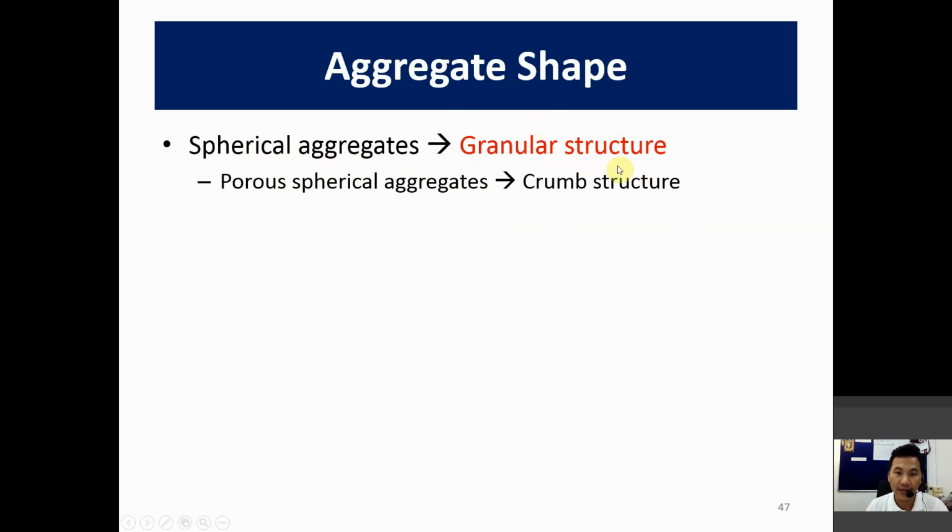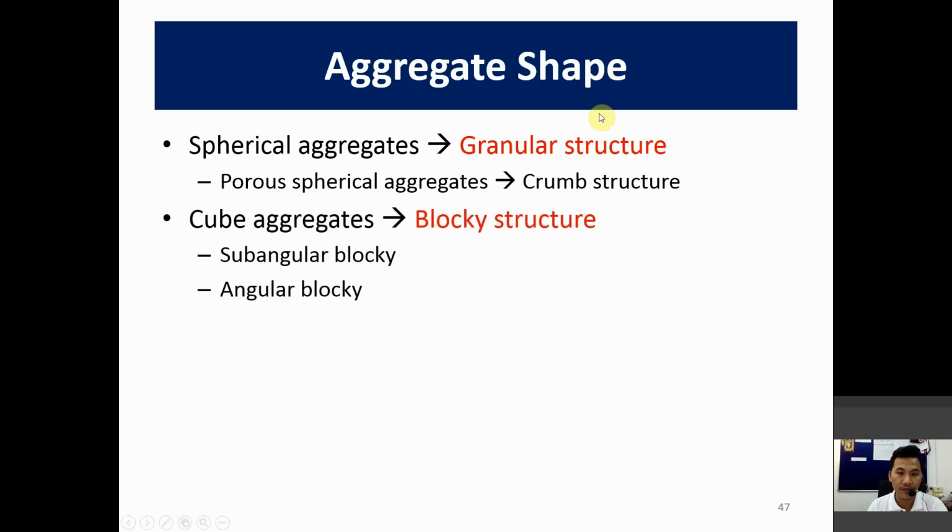But if that granular structure has porous aggregates, with a lot of pores inside, we call it by a different name, crumb structure. This is a really good structure that we like to have in our field for growing plants.